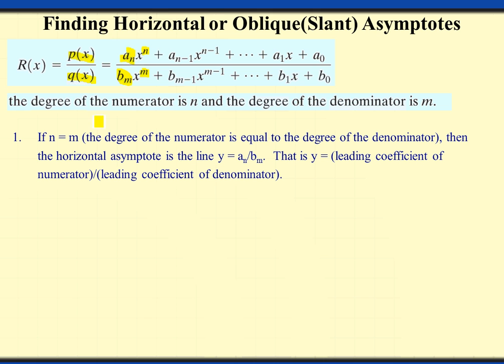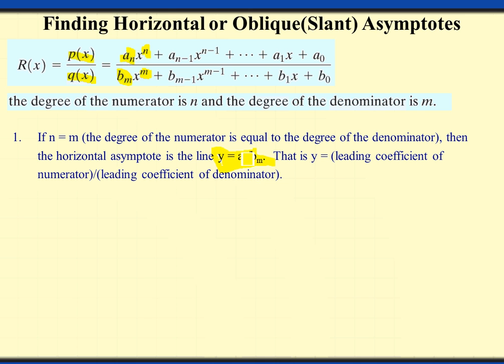If n, the degree of the numerator, is the same as m, the degree of the denominator, then the horizontal asymptote is the line y equals a constant, since horizontal lines are given by y equals a constant.